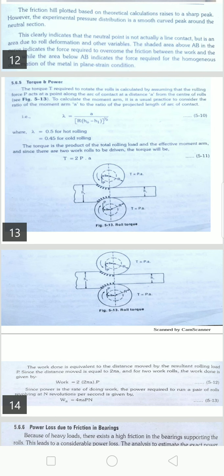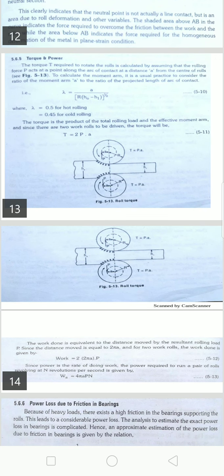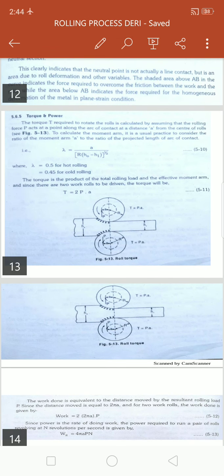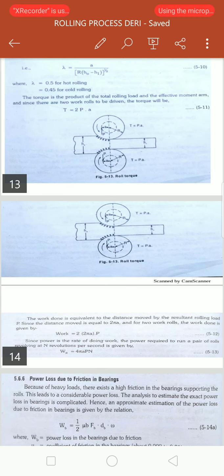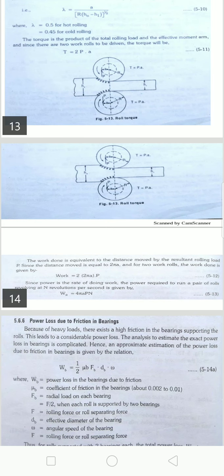The torque is the product of the total rolling load and the effective moment arm. Since there are two work rolls to be driven, the torque will be T is equal to 2PA. It is clearly given in the figure: total torque is equal to 2 times P into A, given in the equation and shown in the figure.